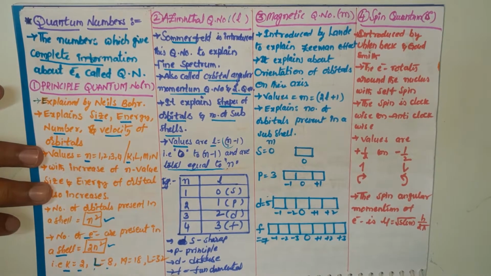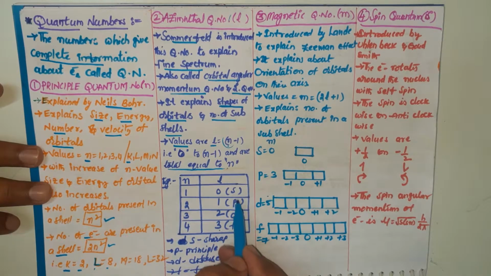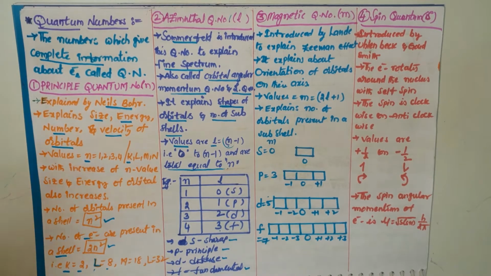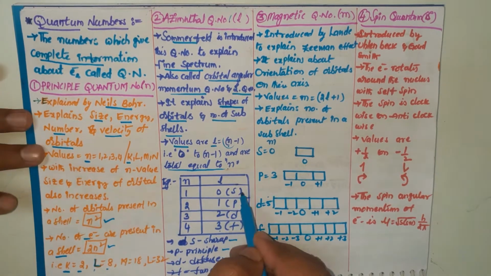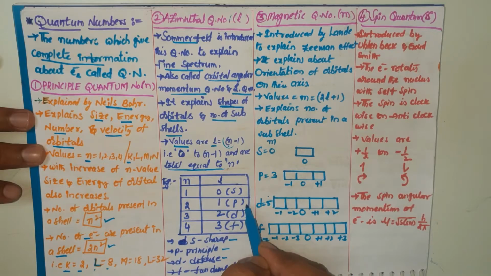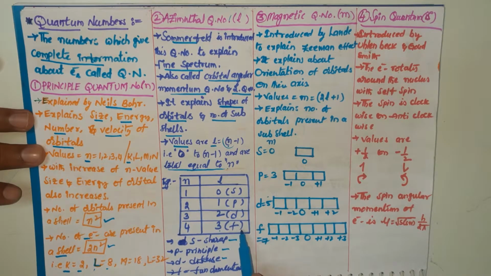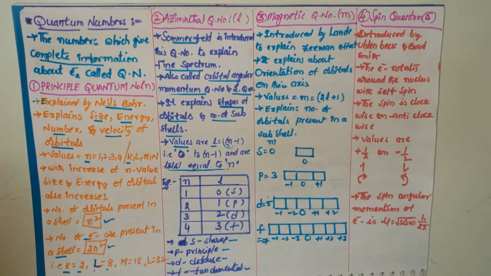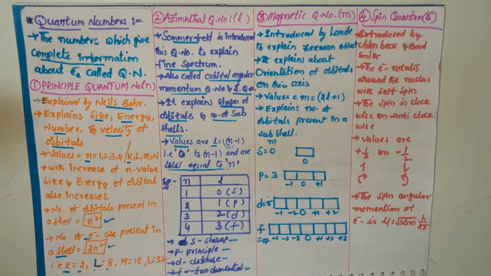The abbreviations of s, p, d, f are: s means sharp, p means principal, d means diffuse, f means fundamental. Their shapes are spherical, dumbbell, double dumbbell, and not determined.